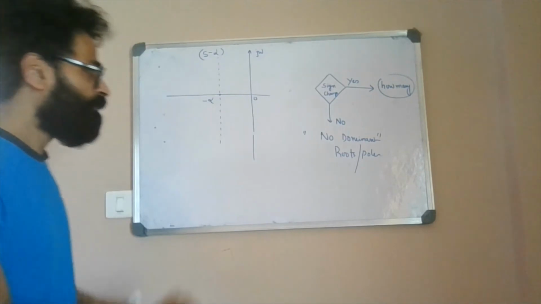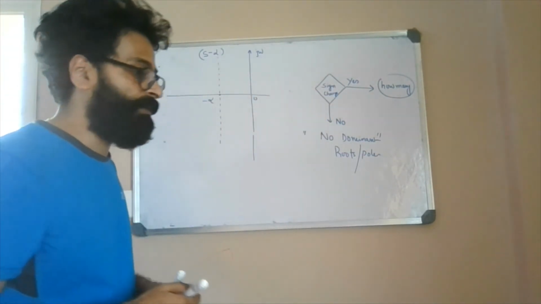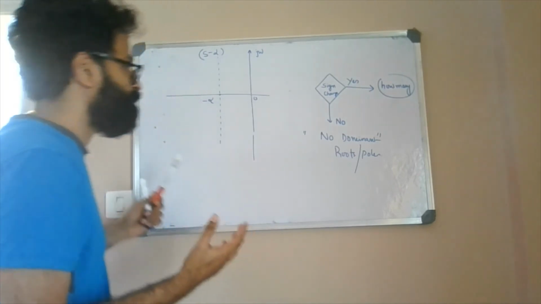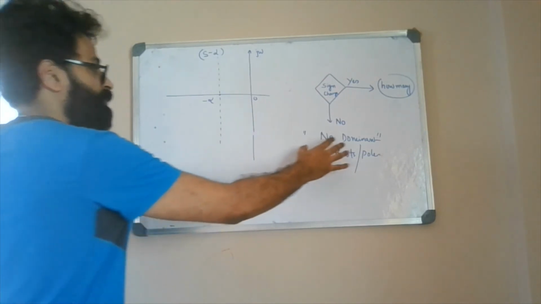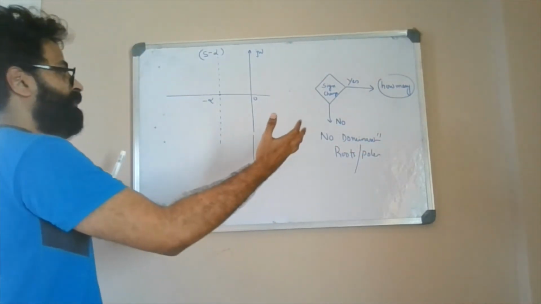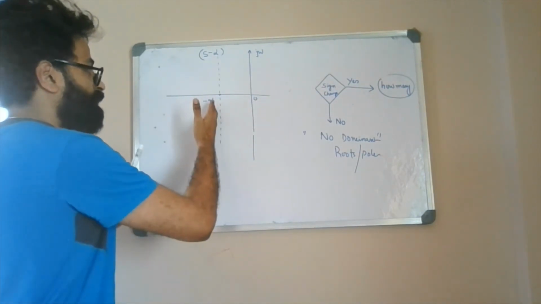Now, let's say you did not get any sign change in the first column. Then you can say that no dominant roots are lying on the right half of s minus alpha.